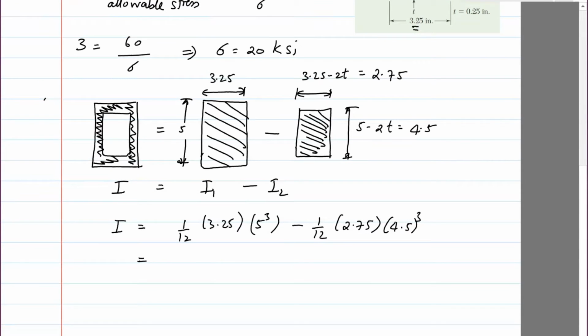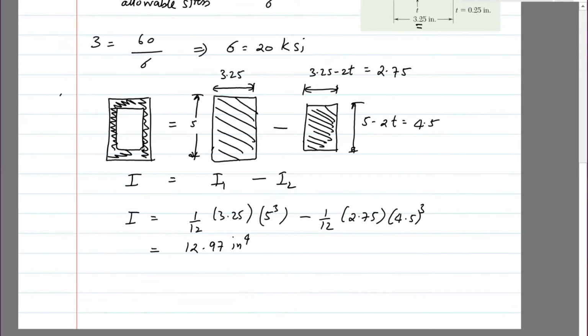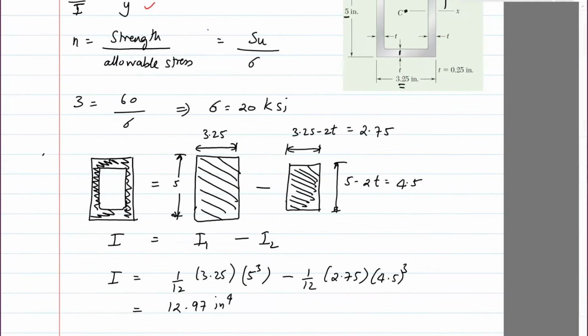Okay, remember everything there is in inches, and so the units of area moment of inertia are always inch raised to 4 or meter raised to 4. So it's going to be 12.97 inch raised to 4. So now we have effectively found the inertia, and we are set to find the moment.